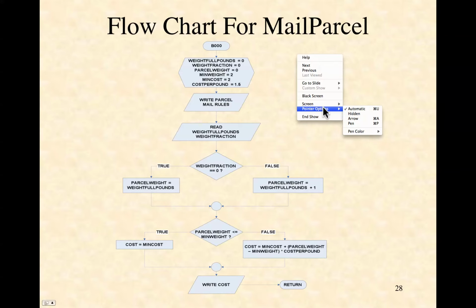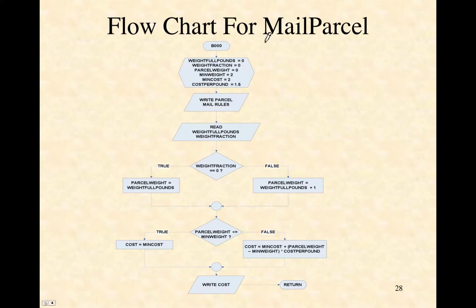Pseudocode will be a mirror image of the flowchart. So this is the second module, MailParcel, B000. I think it should be B100. There's a slight error here too. So weight full pounds means the weight of the parcel in whole pounds, and the fractional weight is set to 0.